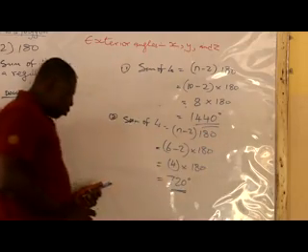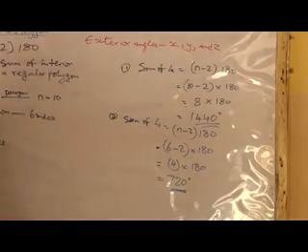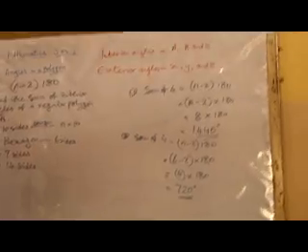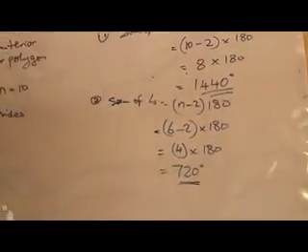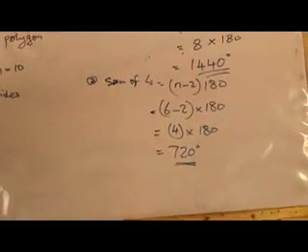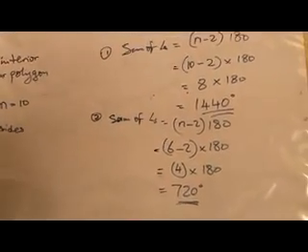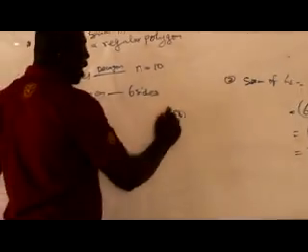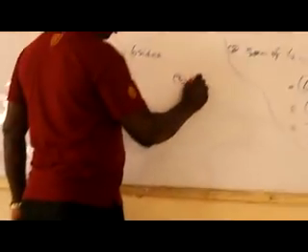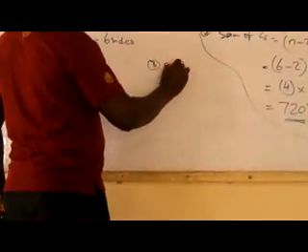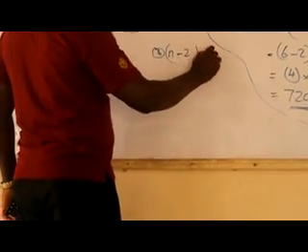That is the sum of angles in a hexagon. Then you solve for the sum of angles in a polygon with 7 sides. This is question number 3. We have n minus 2 times 180.